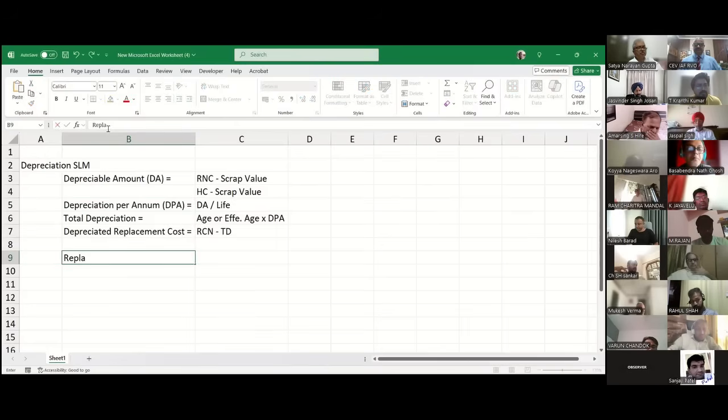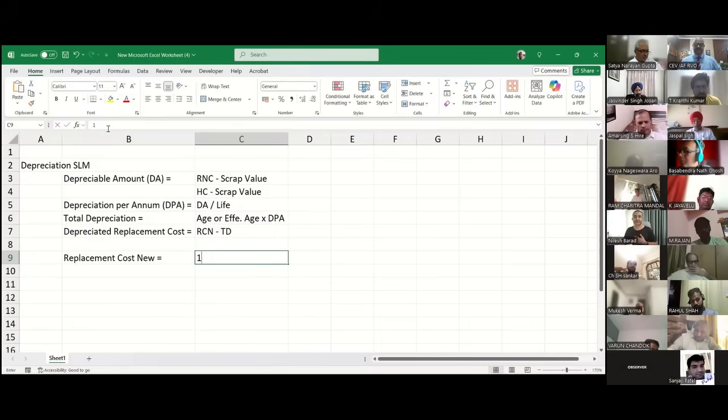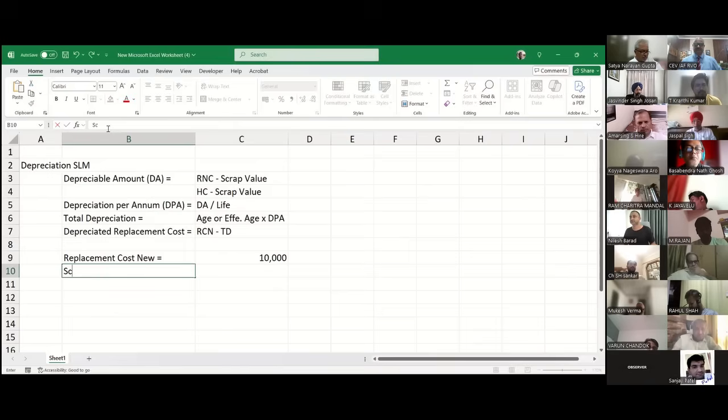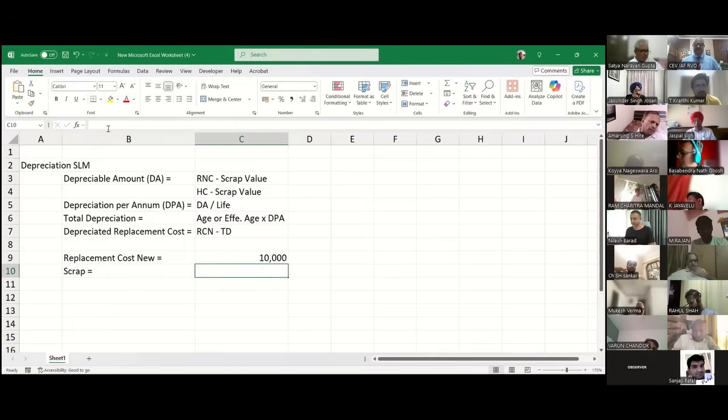Let's take an example. Replacement cost new is 10,000 rupees. Scrap value is equal to 1,000 rupees.